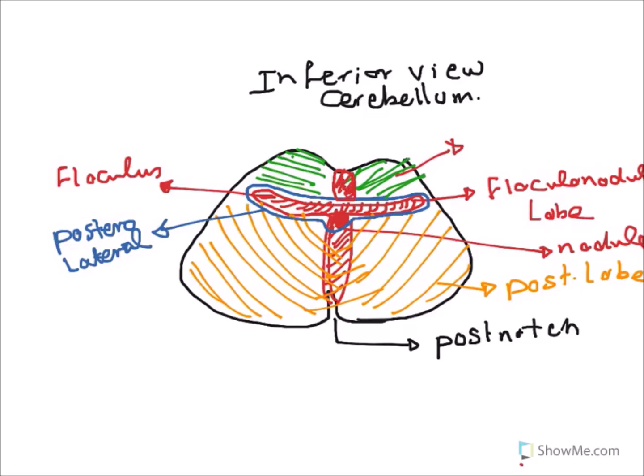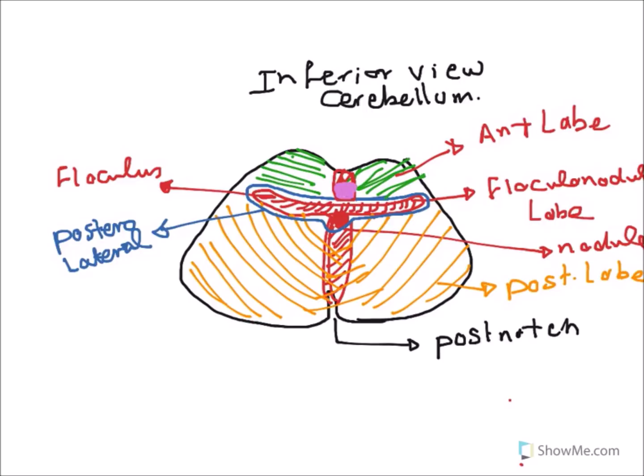So this is the anterior lobe of the cerebellum. In this part, near the anterior lobe, we should identify the three structures which join the cerebellum and the brain stem. These structures are called cerebellar peduncles.